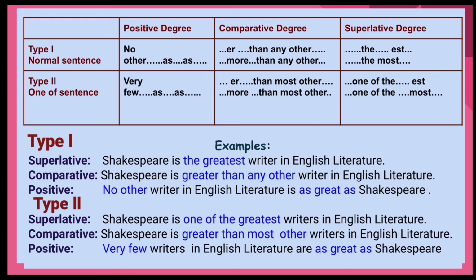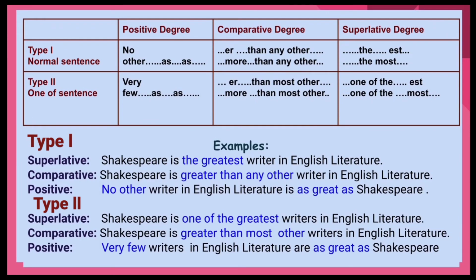No other writer in English literature is as great as Shakespeare. Why as great as? Because it is the positive form of the greatest. These are the examples of type 1.